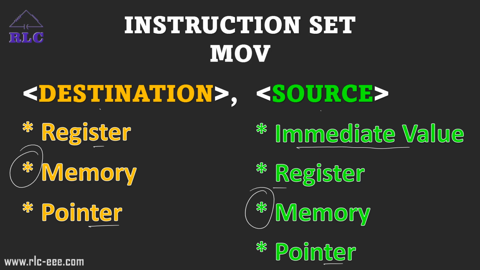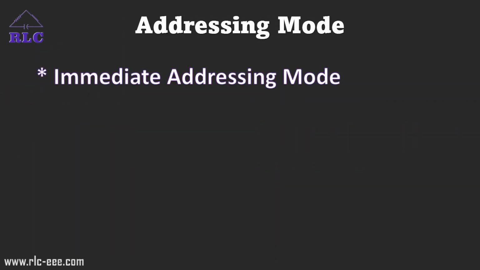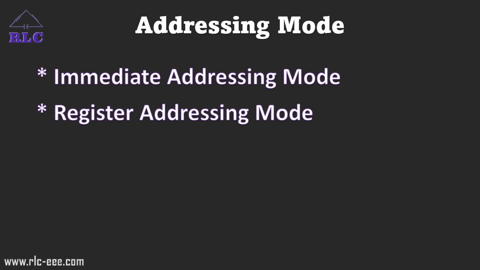These addressing modes are as follows. First is the immediate addressing mode. That means we are directly transferring the data to the destination. The source will be the data, and the data will be transferred directly to the destination. Next is the register addressing mode, in which register names are used.